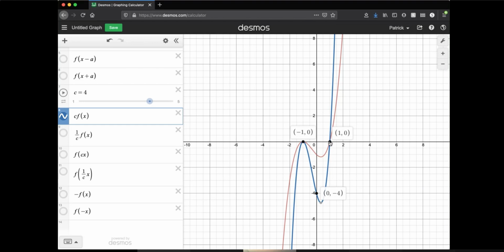All right, so that's what happens when C is a number that is larger than 1.